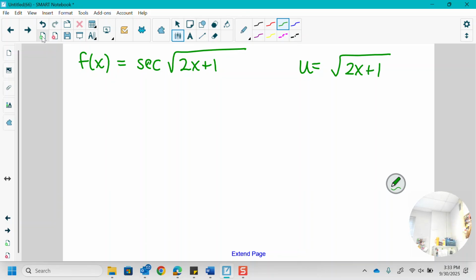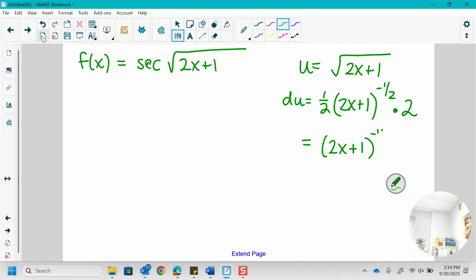So the du we need is a chain rule part. It's 1/2 times 2x plus 1 to the negative 1/2, times another 2, which if I simplify, the 1/2 and the 2 multiply to 1, leaving 2x plus 1 to the negative 1/2.